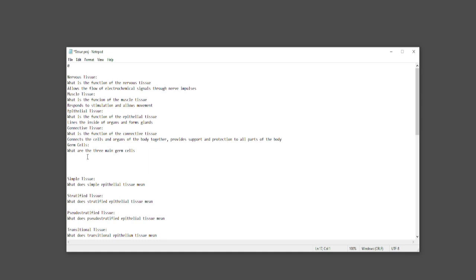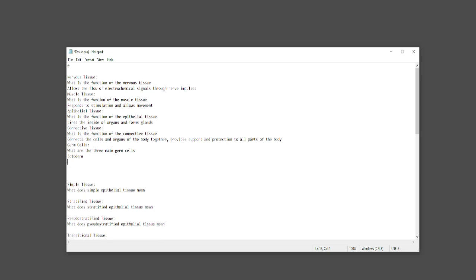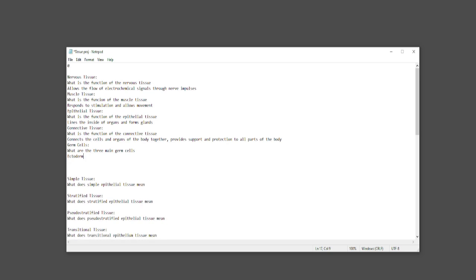The main 3 germ layers are ectoderm, which are basically the outer germs.